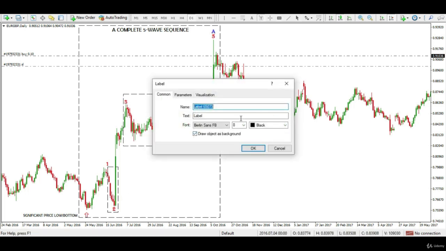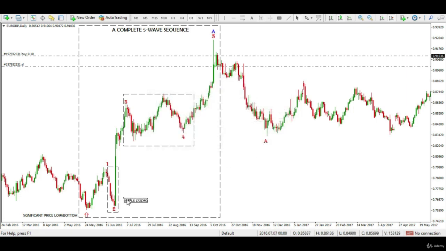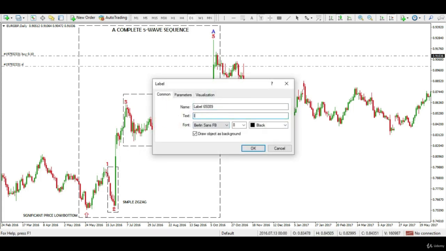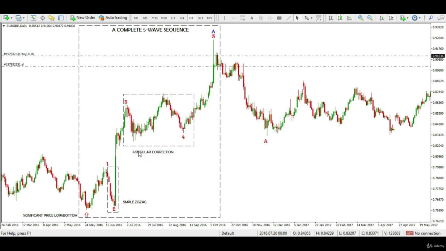Next, as you see here, wave 2 and wave 4 corrections follow the principle of alternation. While wave 2 here was a simple zigzag, wave 4 turned out to be irregular correction.